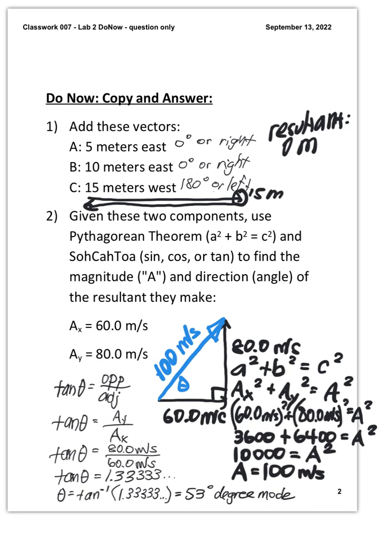And so then I go to solve for theta. Tangent of theta is 1.33, so I take the inverse tangent of that on the calculator. That would be second tangent.